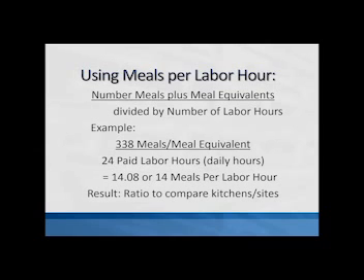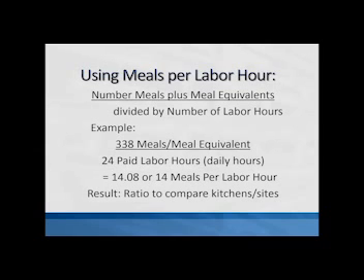For example, if you have a kitchen that produces 338 meals and meal equivalents, and you have a total of 24 paid labor hours per day, which would include possibly your manager, your cooks, and your food service workers, you can do a simple division problem, which would result in 338 divided by 24. You would get 14.08, or 14 meals per labor hour.